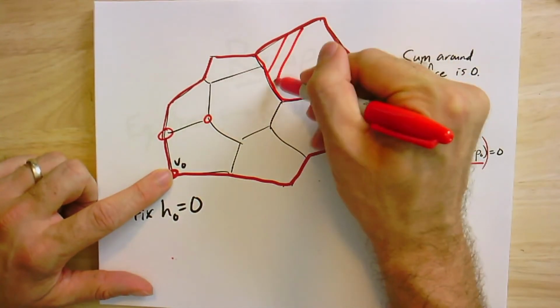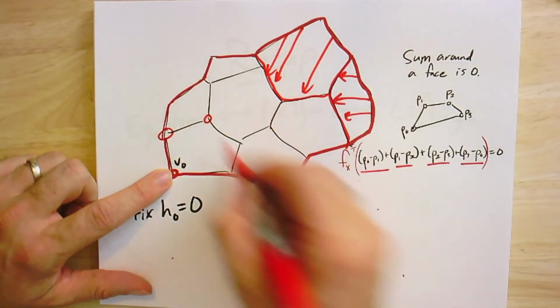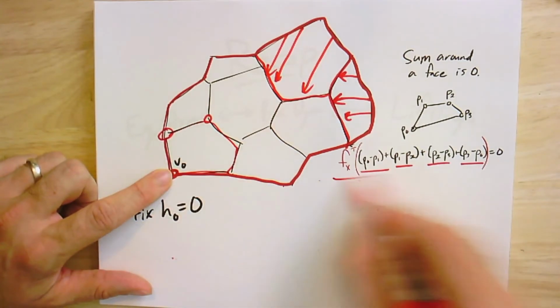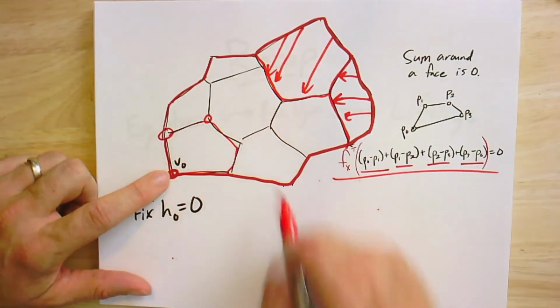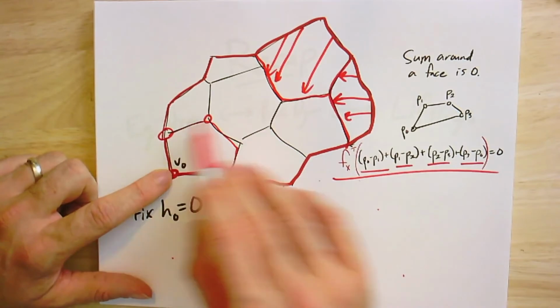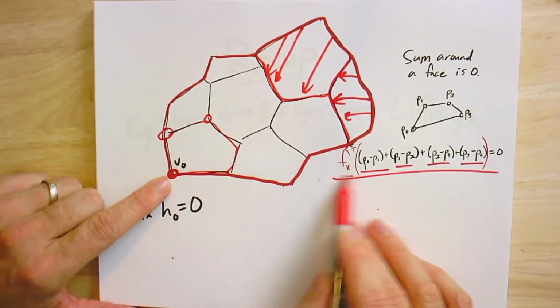So if I continue to do this, you'll notice that I just keep getting down until I get down to just one face, and we know that everything is good on a face. That is, the sum of the changes in heights around a face is always going to be 0, because the gradient there is always fx.